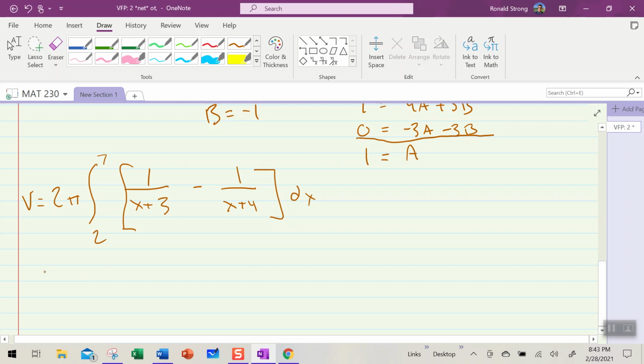Let's break this into two separate problems. We will have volume is equal to 2 pi times the integral from 2 to 7 of dx over x plus 3 minus 2 pi times the integral from 2 to 7 of dx over x plus 4.